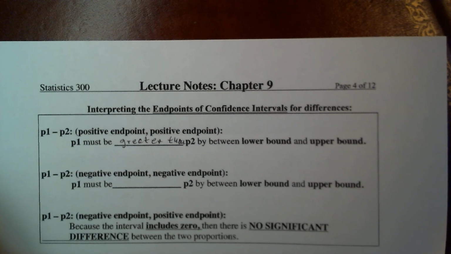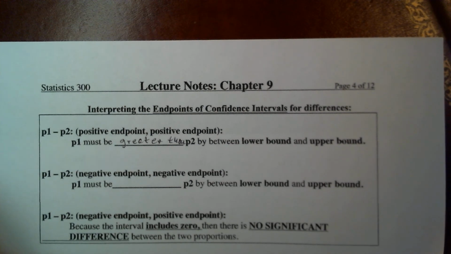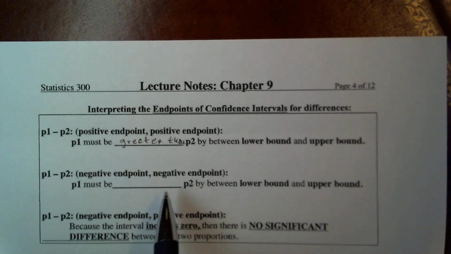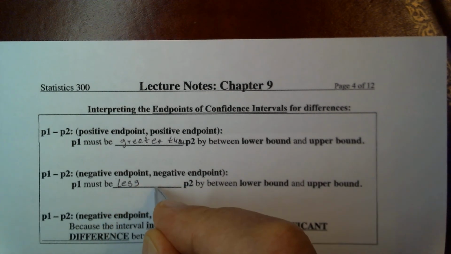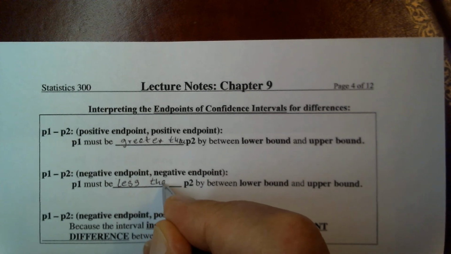When we have p1 minus p2 and both endpoints are negative, then that means that p1 must be less than p2.